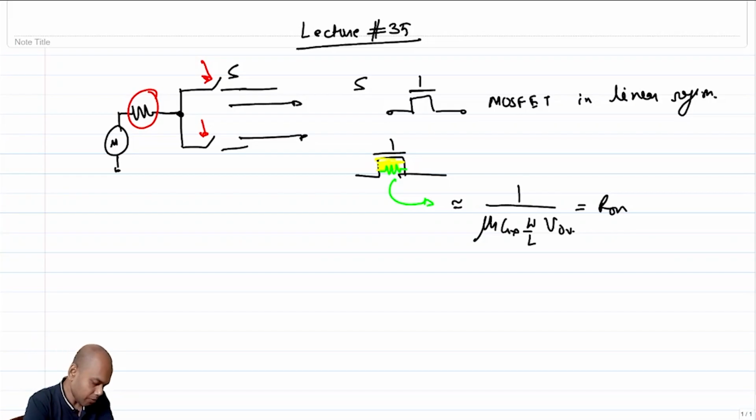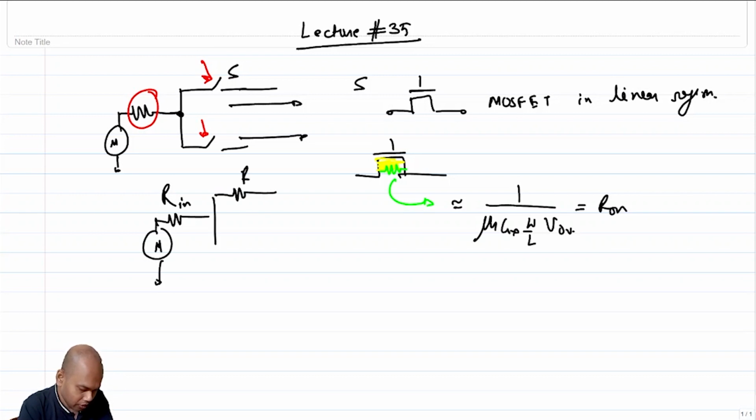So essentially, I can model these passive mixers as the resistance of the previous stage, which is R in, and I have R on and an ideal switch, and R on and an ideal switch, and so on.